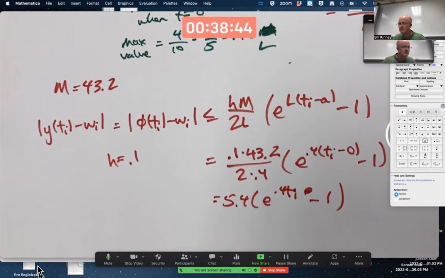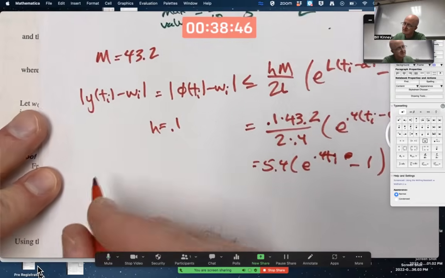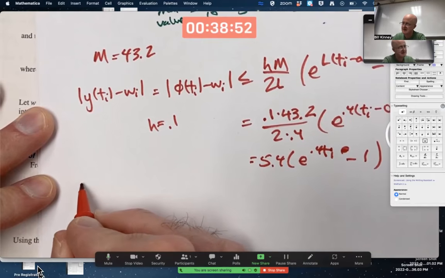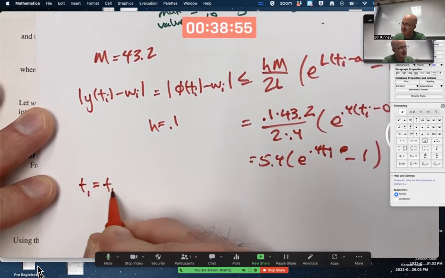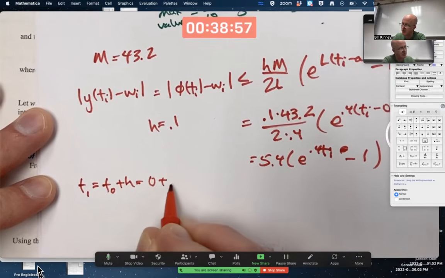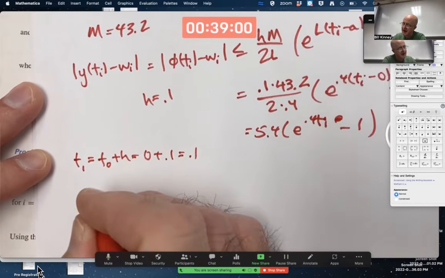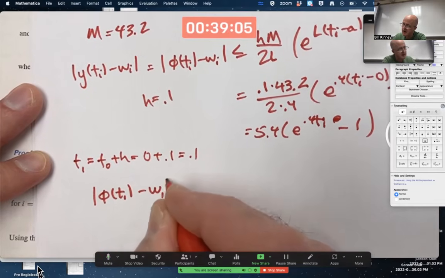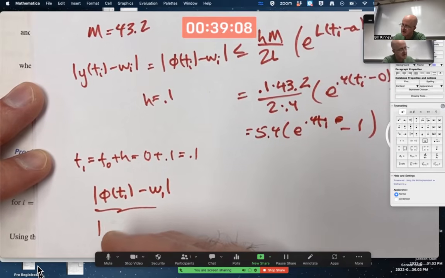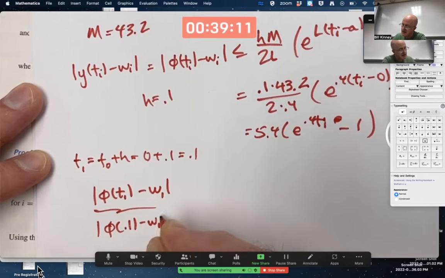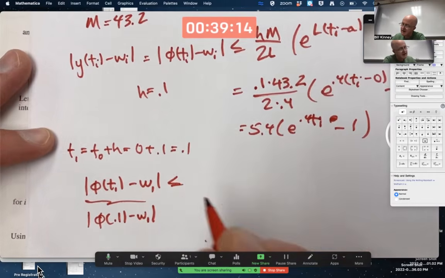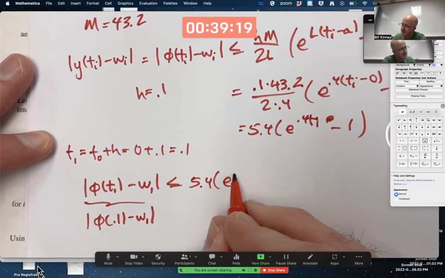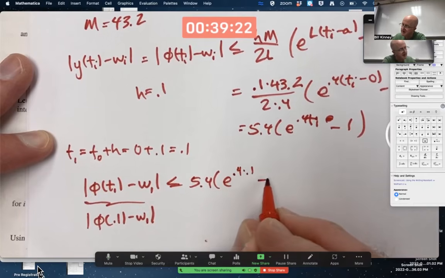So, for example, what's the bound for the absolute error at y of t_1? t_1, by the way, is t_0 plus h. That's 0 plus 0.1, which is 0.1. A bound for the error at 0.1 will be 5.4 times e to the 0.4 times 0.1 minus 1.